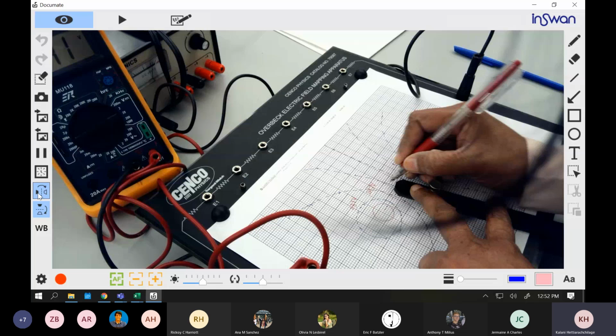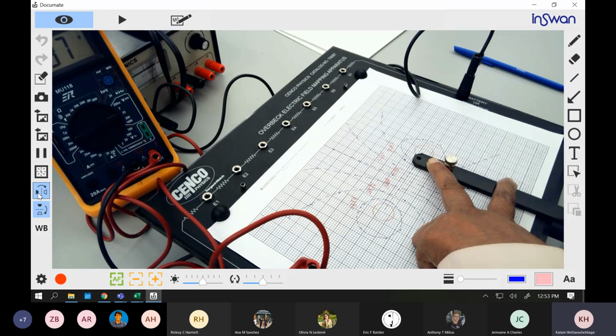And then the next one is 4.78. The next one is 5.81. Number 6 is 7.15. And the last one is 7.98.